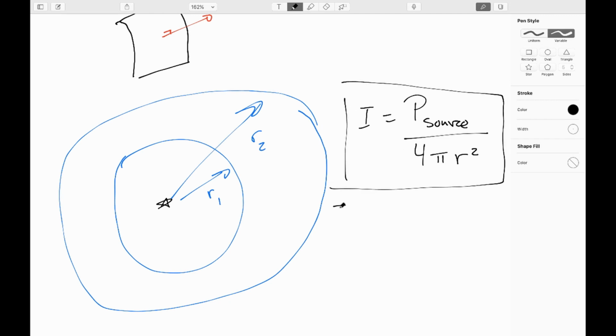This gets called the inverse square law, and it just says that the intensity of the sound falls off as the square of distance.